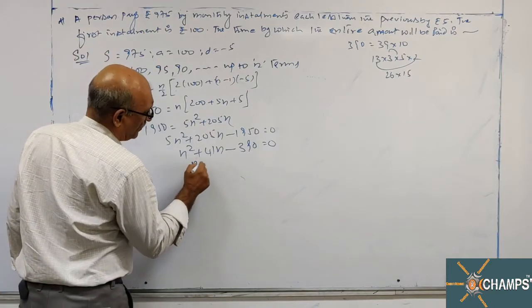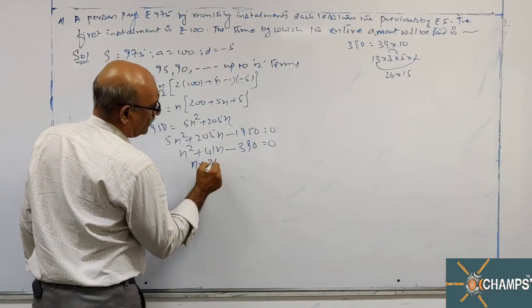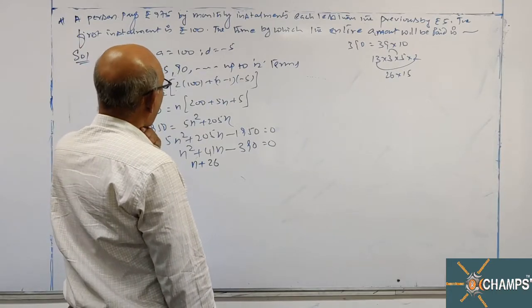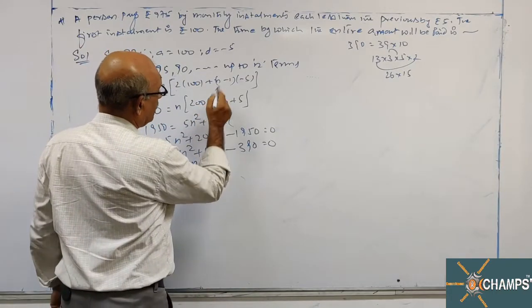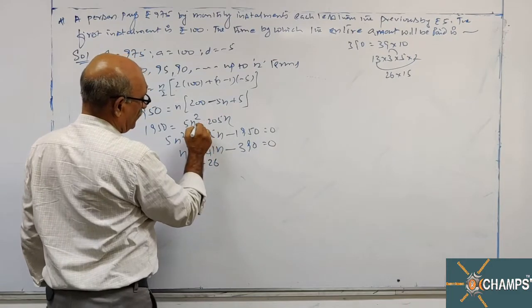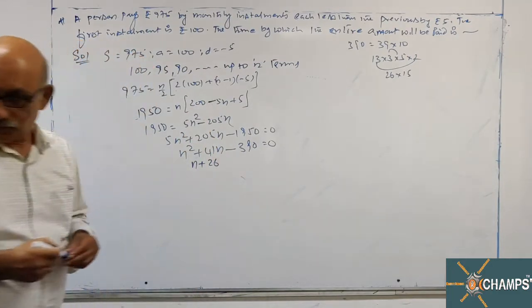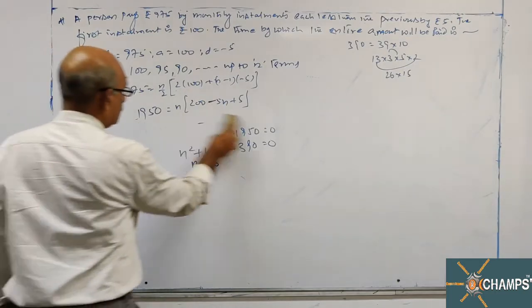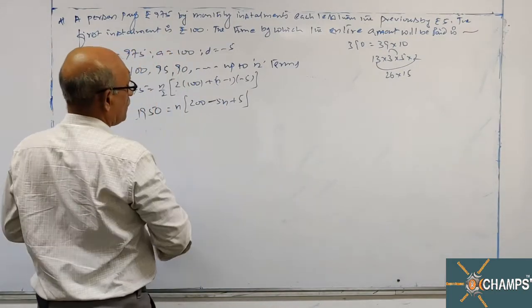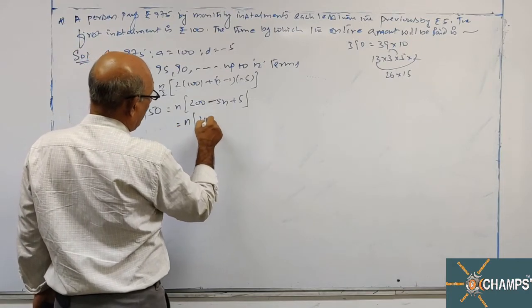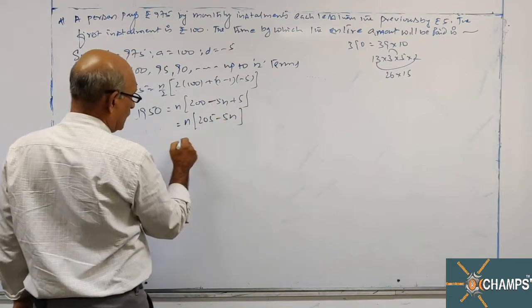So this is n plus 26 minus 5n. So this is n into 205 minus 5n.